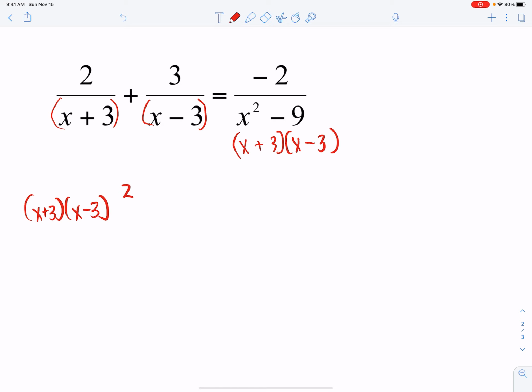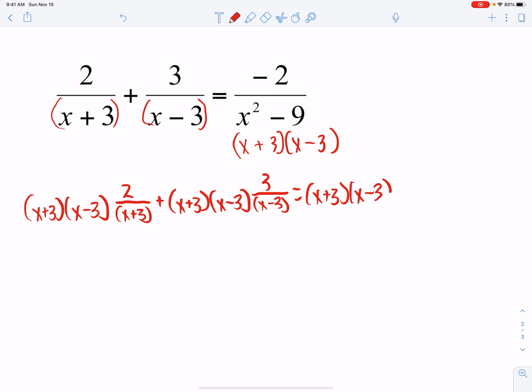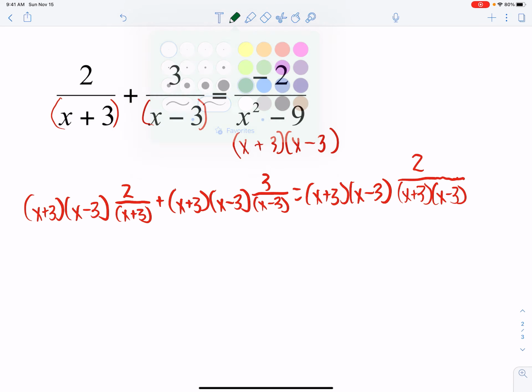X plus 3, x minus 3 times 2 over x plus 3, plus x plus 3, x minus 3 times 3 over x minus 3, equals x plus 3, x minus 3 times 2 over x plus 3, x minus 3. It does take time to write out that step, but I think you'll make far fewer mistakes if you write it all out instead of trying to do it all in your head.